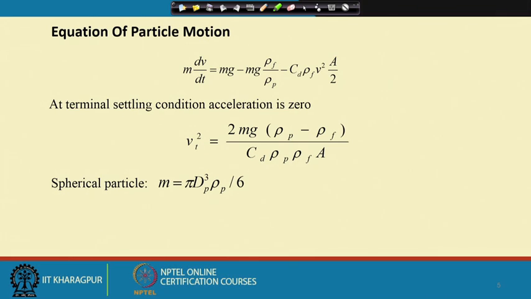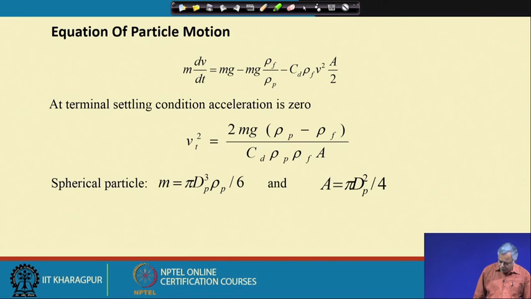The volume is pi dp cube by 6, where dp is the diameter of the particle, multiplied by the density rho p, so we get the m of the particle in terms of dp and rho. And A, the projected surface area for a spherical particle, is pi dp square by 4. We all know the surface area.